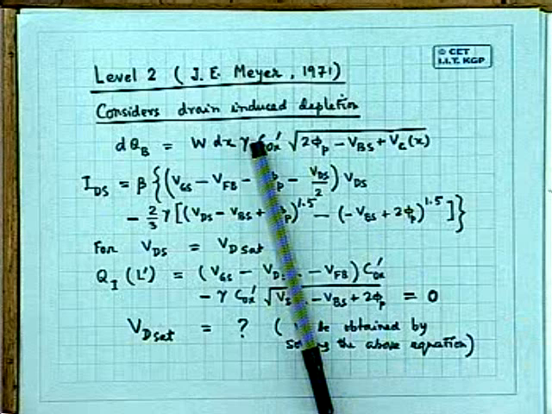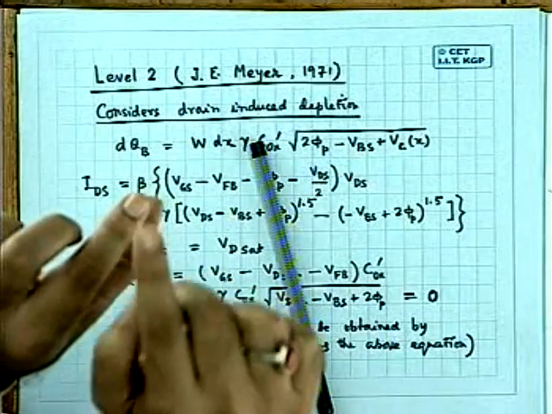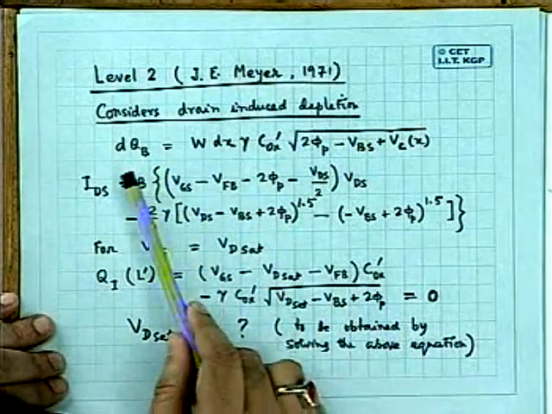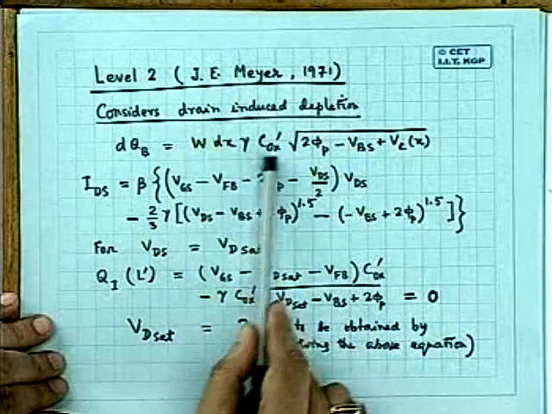And in this evaluation, you see that a differential charge in an element of thickness dx, if you consider a channel of thickness dx at the depth x from the surface, is now related to the same kind of old expression.